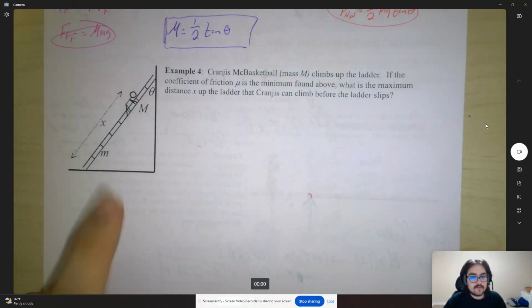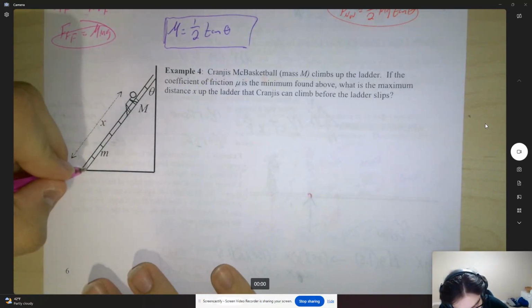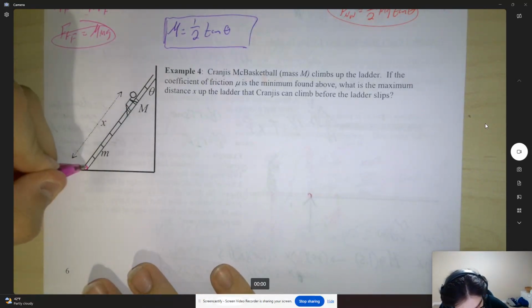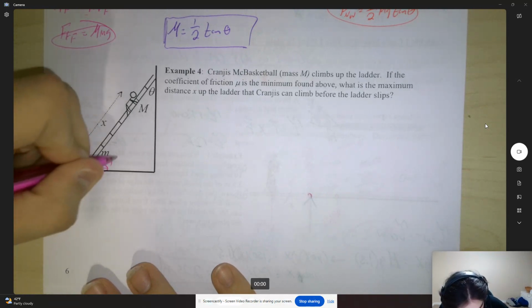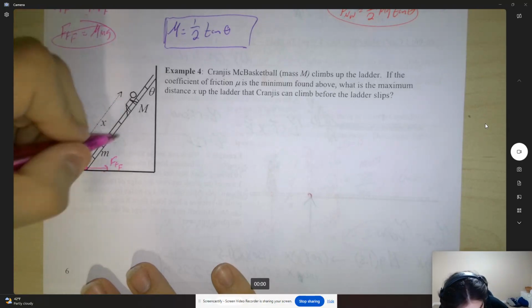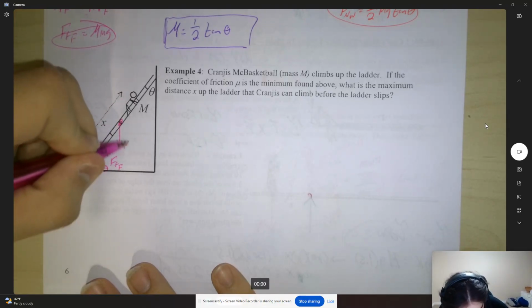Now, when you have a person on the ladder, things do get a little bit different, and it actually does get more complicated. My forces are fundamentally the same, except that now I have Crangus McBasketball on there. Still have the normal force of the floor. Still have the friction force of the floor. I still have mg of the ladder.